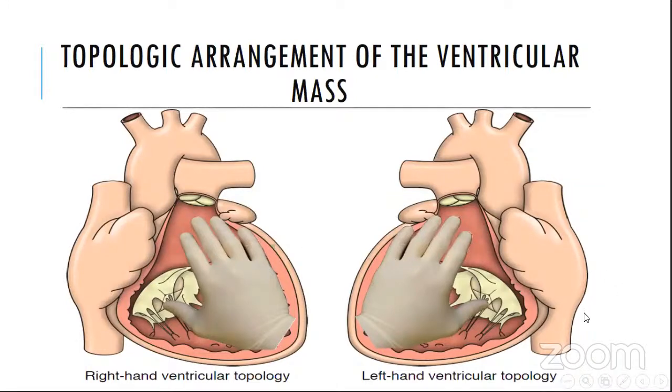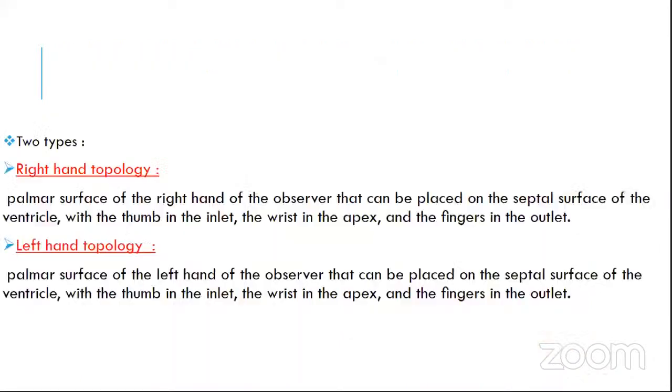While in the left hand ventricular topology, the left hand of the observer lies on the ventricular mass with the wrist on the apex, the thumb on the inlet and the fingers to the outlet. So we have two topological arrangements.